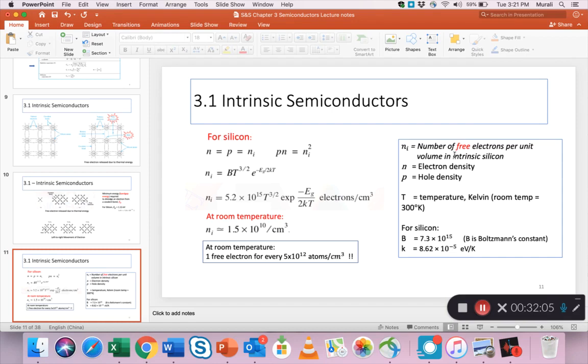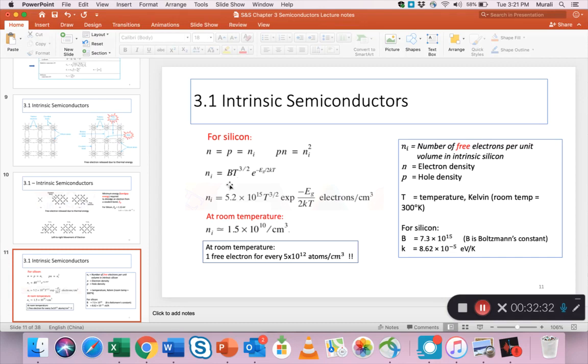So unit volume meaning, let's say 1 cubic centimeter of silicon. In a 1 centimeter by 1 centimeter by 1 centimeter block of silicon, how many electrons are there, right? That is one way to say how many electrons exist. That is the terminology, and you should become comfortable with this.